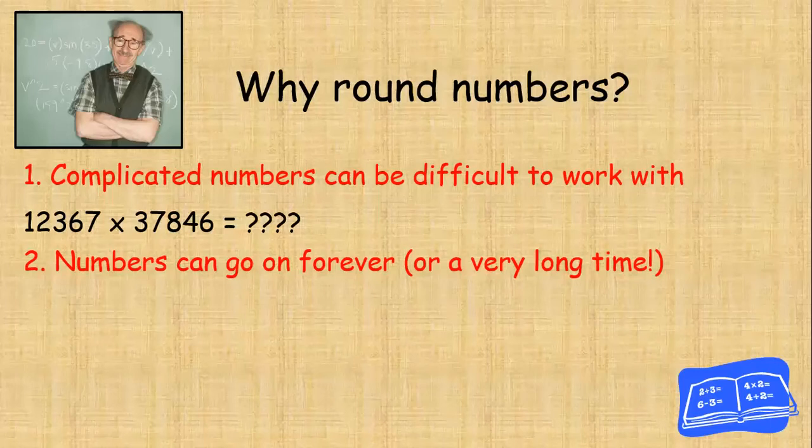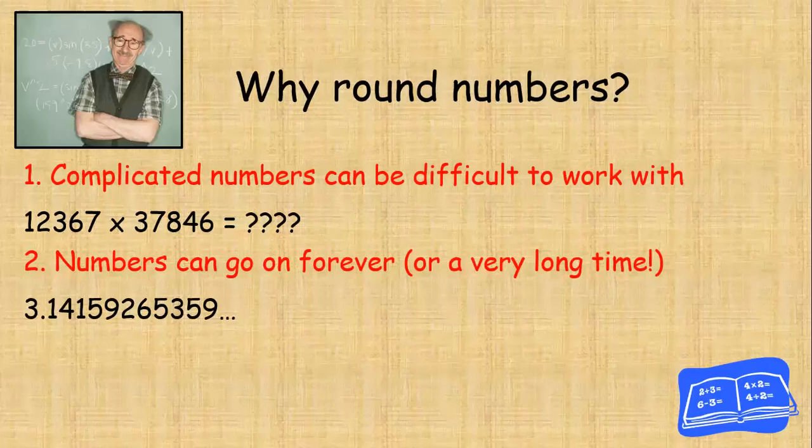Some numbers actually go on forever. The classic example of this is pi, where pi is a number we use particularly in working out the surface area and circumference of circles. So you'll eventually use pi a lot. Now the number pi is often referred to as 3.14, but it actually goes on much longer than this.